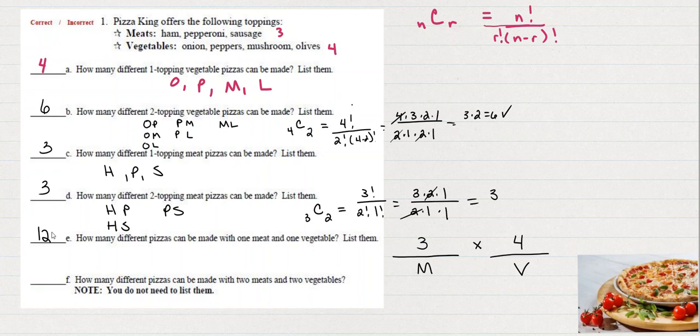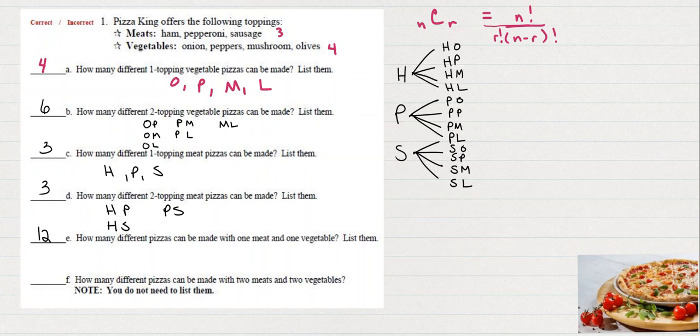If I were to list them, I'm going to find this easiest to do with a chart, a tree diagram. Do you see how I use this tree diagram? Starting with ham, I could then add onions, peppers, mushrooms, or olives. Starting with pepperoni, we could then add onions, peppers, mushrooms, or olives.